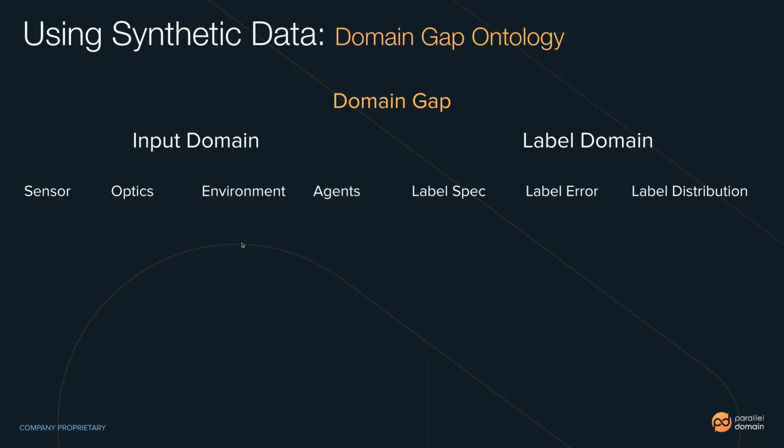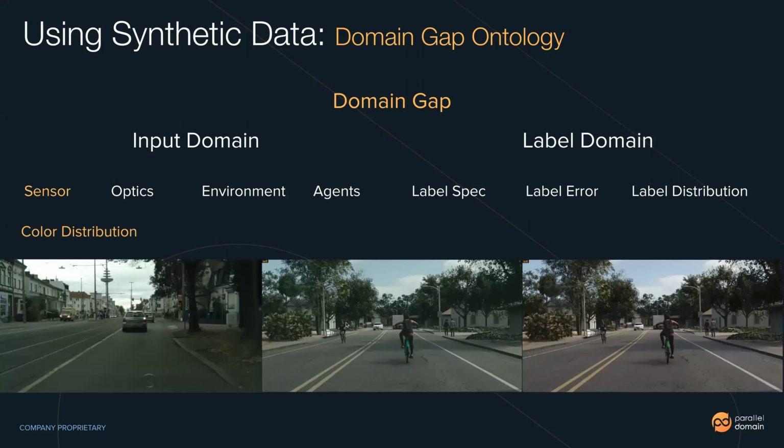So starting off with the input domain, on the sensor side, a very common one is the color distribution. If you have a default image here on the right coming out of our system, and this is a famous image from Cityscapes, you can see there's a clear difference in the colors: Cityscapes has a more green tint to it.